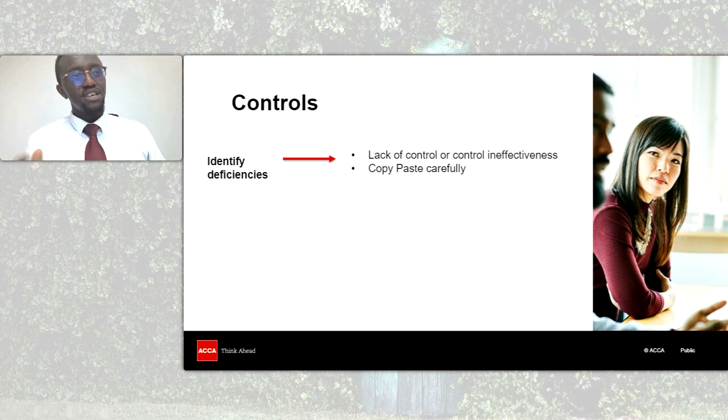For instance, again, there is meant to be CCTV cameras, but they're switched off most of the time to save on power. Then what's the point? Deficiency: the control is there, but it's not working effectively. The second way to identify a deficiency is to realize that the control is missing completely.